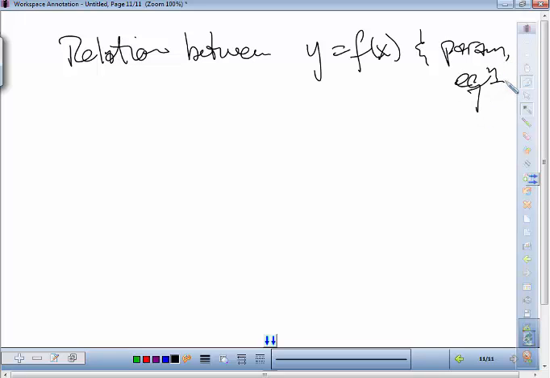There's a couple of problems where they ask you to find the Cartesian relation between x and y if you have parametric equations. And so I just want to point out that if you have a function that looks like this, you can easily transform this into a parametric equation by letting your x equal to x, or t, as your independent variable, and then your y equal to f of t.